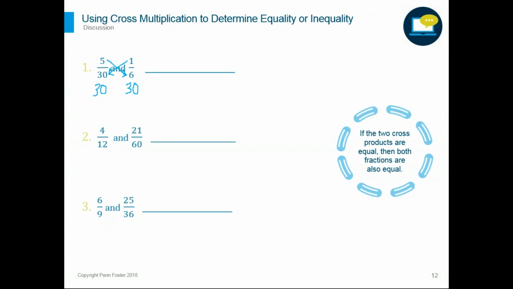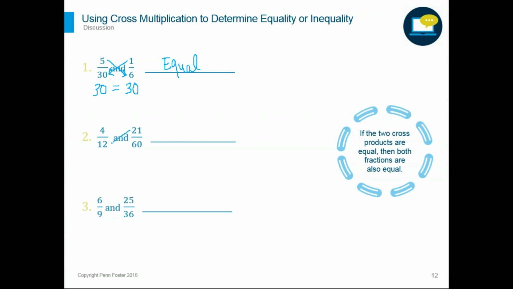The rule says if you do the two cross multiplications and the two products are equal, then the fractions themselves are equal as well. So I am able to conclude that the two fractions are equal, again, because the cross products are equal. The same thing with number 2. 4 over 12 and 21 over 60, are they equal or no?